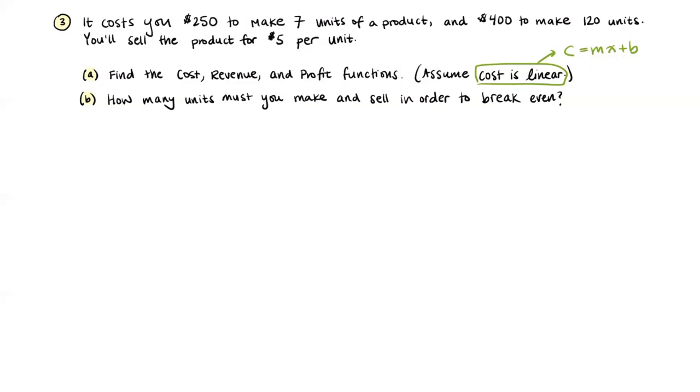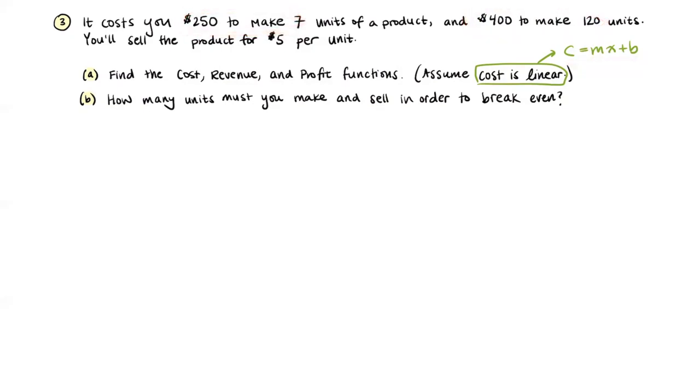We just know how much it costs to make 2 different numbers of things. We have this pair and this pair that go together. So basically, we're trying to find a linear equation, and we've got 2 points on the line.